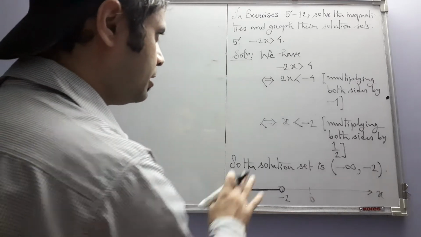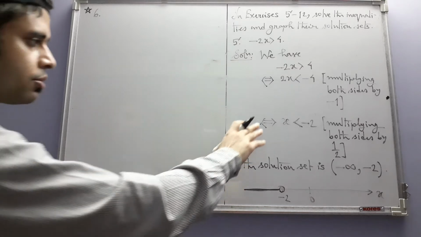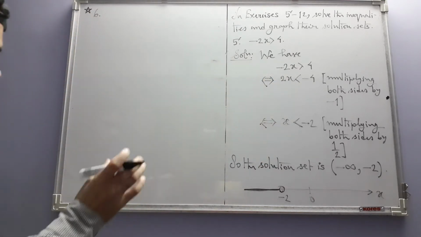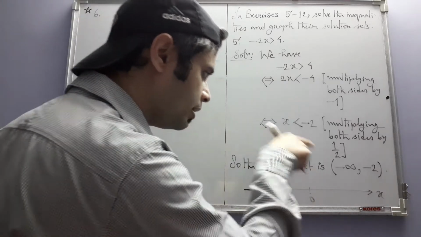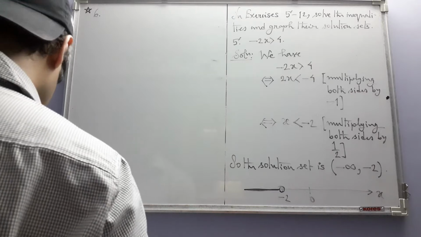That much only one-sided implications say. If you are able to reverse the implications, all of them, then only you can say that the solution set is equal to this. Okay, then what is the sixth one?